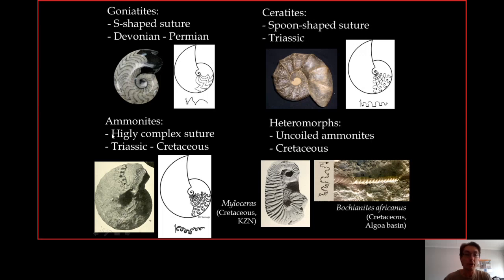And then you have the proper ammonites. So the ammonites are your typical ammonoids, and they were extremely abundant, extremely diverse, and we cannot tackle all that diversity right now. The thing that you should know is that they have a very highly complex suture line.